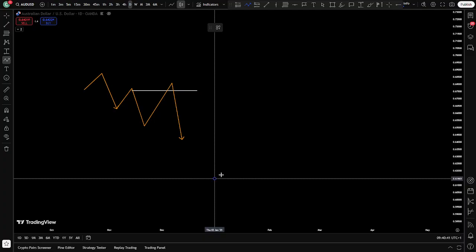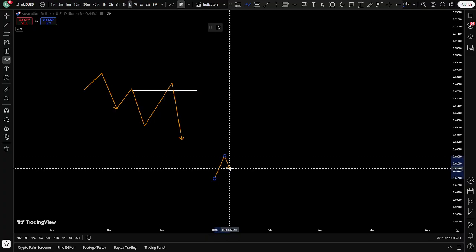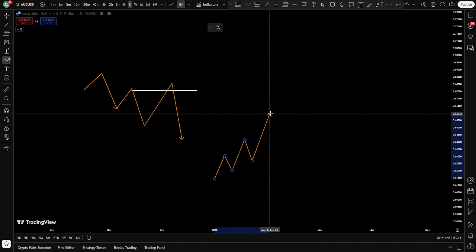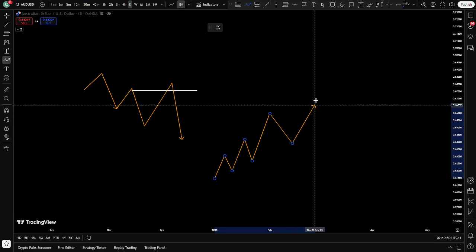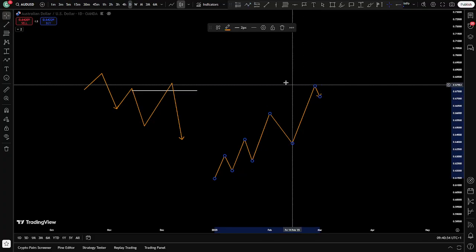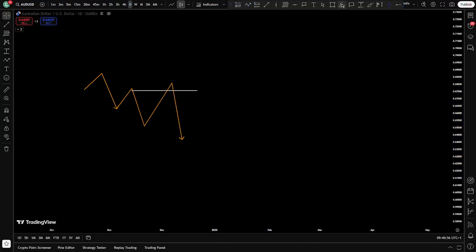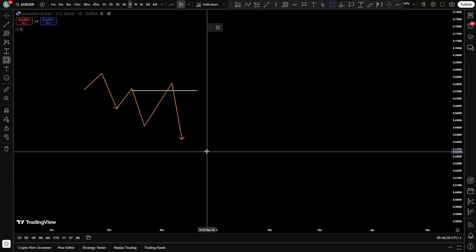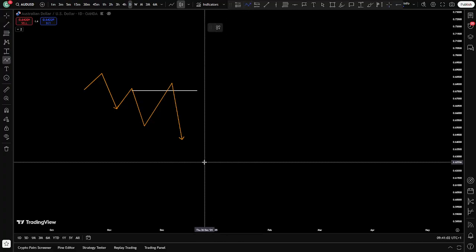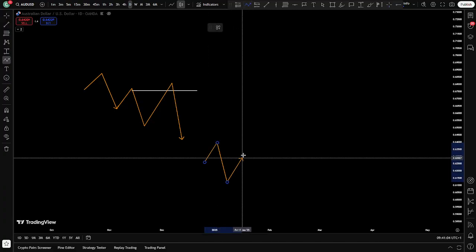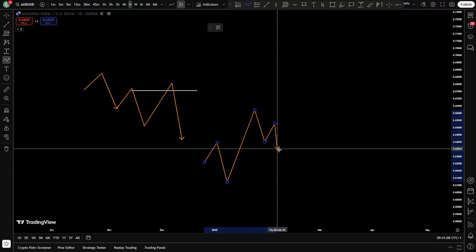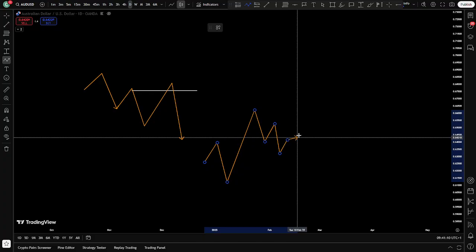In a bullish move, let's use a bullish inversion, for example, you will see stuff like this. Not this. See stuff like this.